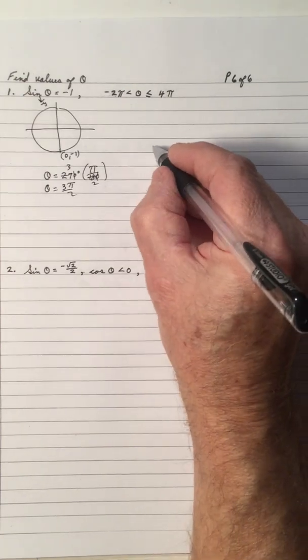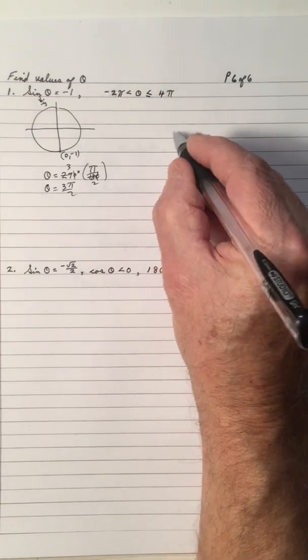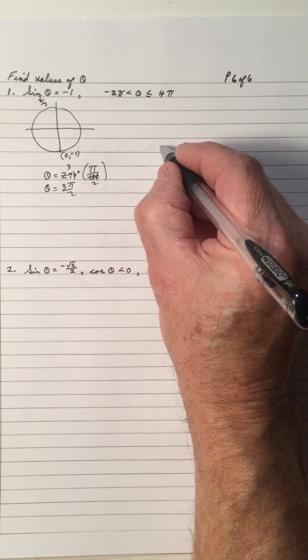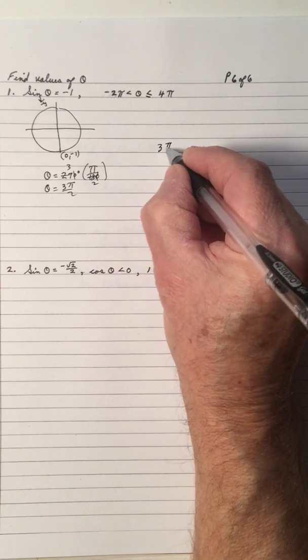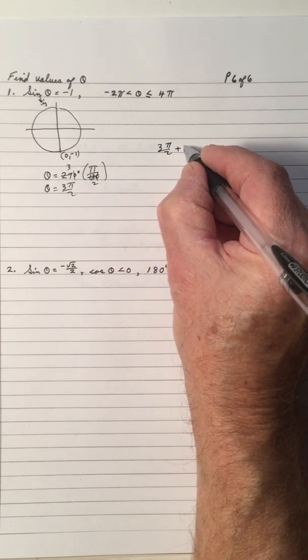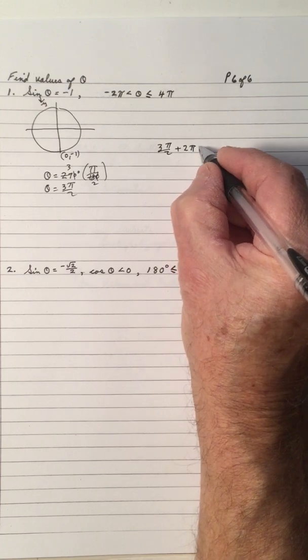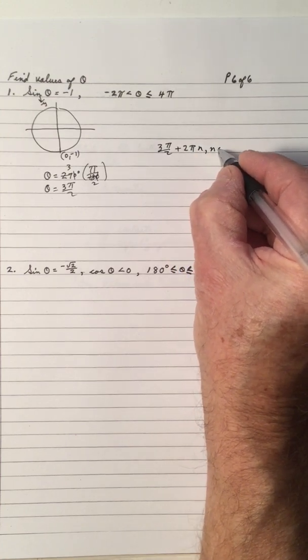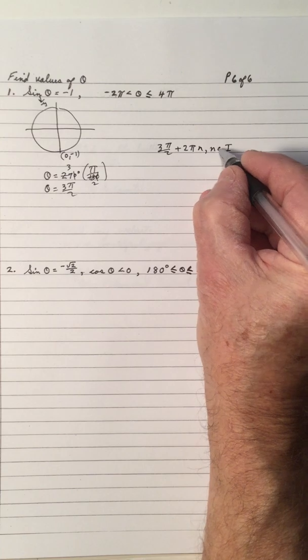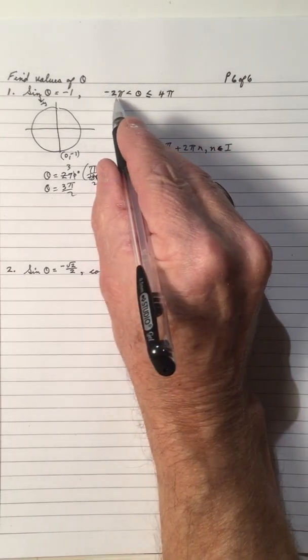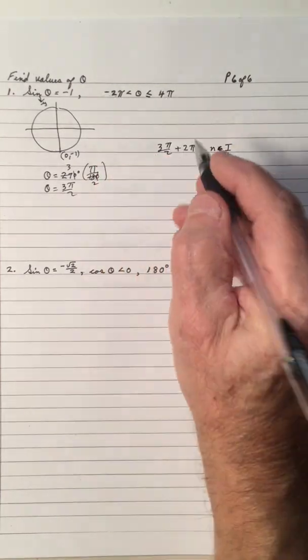So think about it. If we take the answer 3 pi over 2, add on 2 pi n, where n belongs to the integers. That's for all of them. But we only want the ones between -2 pi and 4 pi.